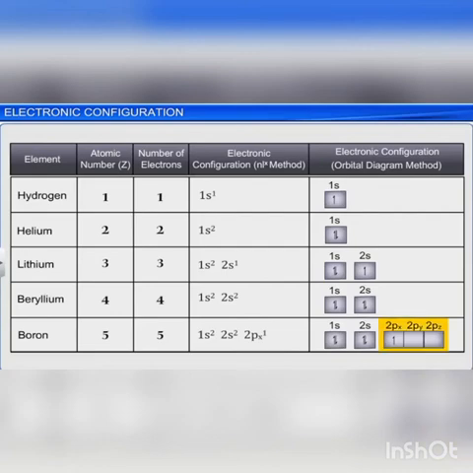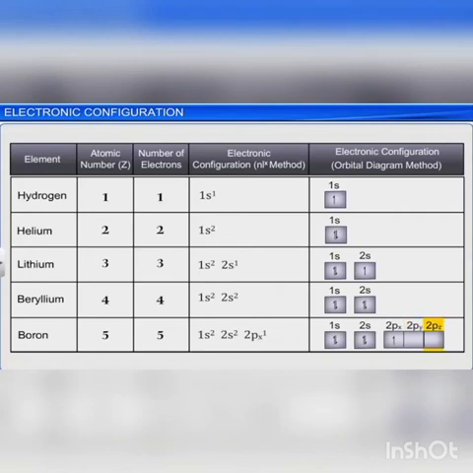Actually, the fifth electron may occupy any one of the 3 2p orbitals: 2px, 2py, or 2pz, because all have the same energy. However, conventionally we always fill 2px, 2py, and 2pz in that order.